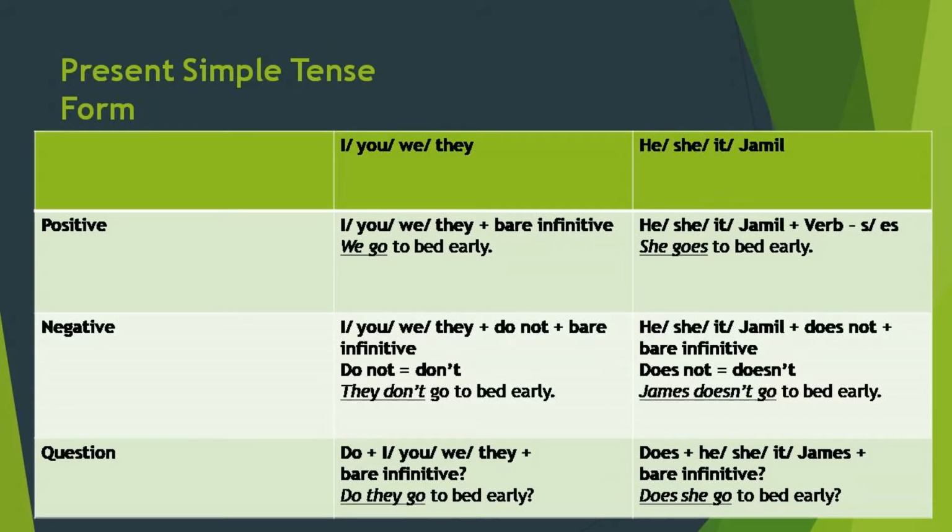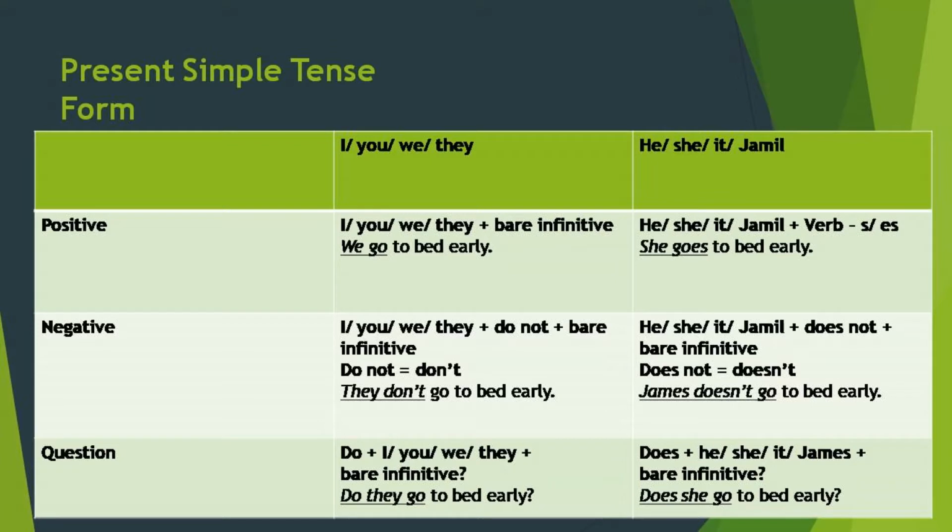In the case of an affirmative sentence, another thing we have to remember is that if the subject is third person singular number, we have to put s or es with the main verb. The main verb is given in its base form, but if the subject is third person singular, we have to add s or es.